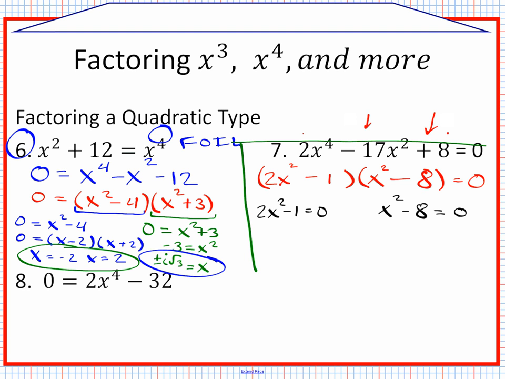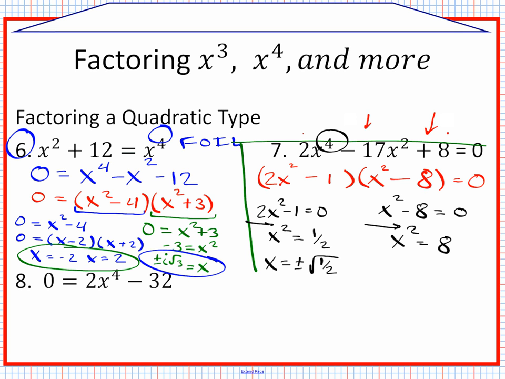like this. So I'm going to get x squared equals 1/2, and x squared equals 8. I notice I'm still on track for 4 solutions because I've broken it up into a quadratic and a quadratic. 4 solutions total. So I'm going to get x equals plus or minus the square root of 1/2, which if you're in calculus, that's probably an okay answer.